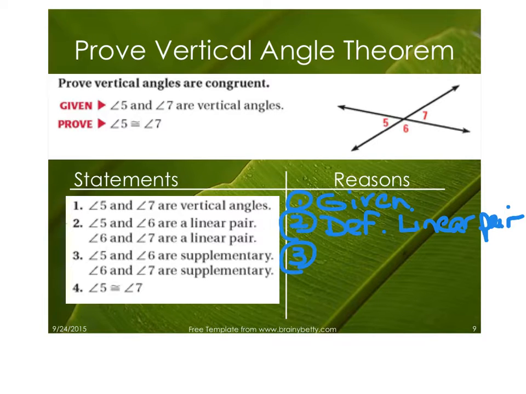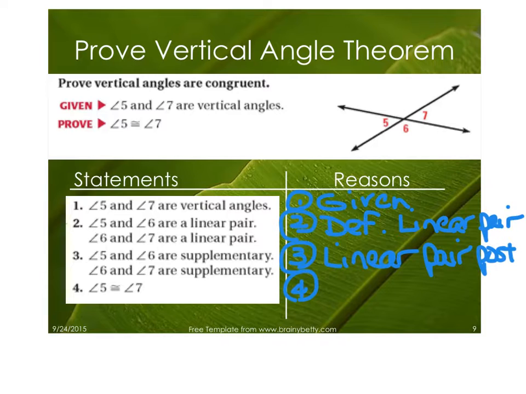The linear pair postulate. And then step 4. Wait, how would number 3 be the definition of a linear pair postulate? Number 3, it's just the linear pair postulate, equal 180. So it's just stating that they're supplements.